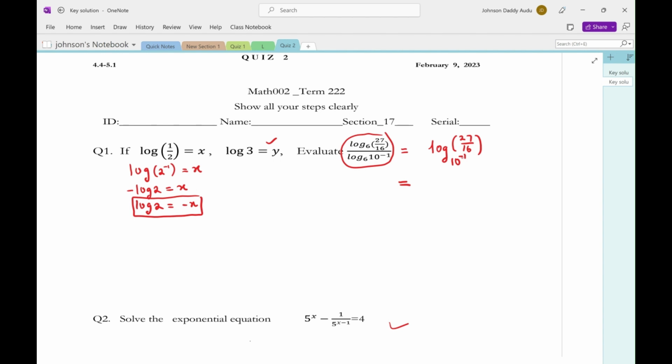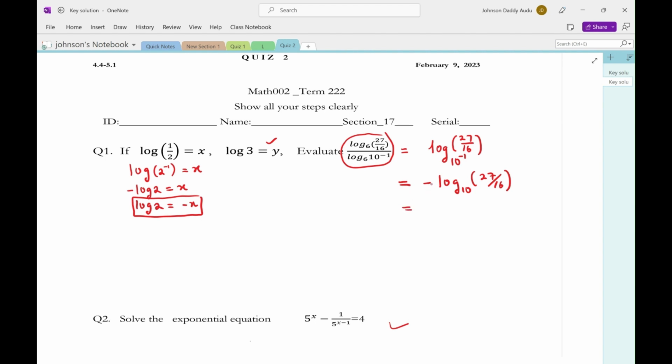This minus 1 can also come down here. So this will be just minus log to base 10 of 27 over 16, right?